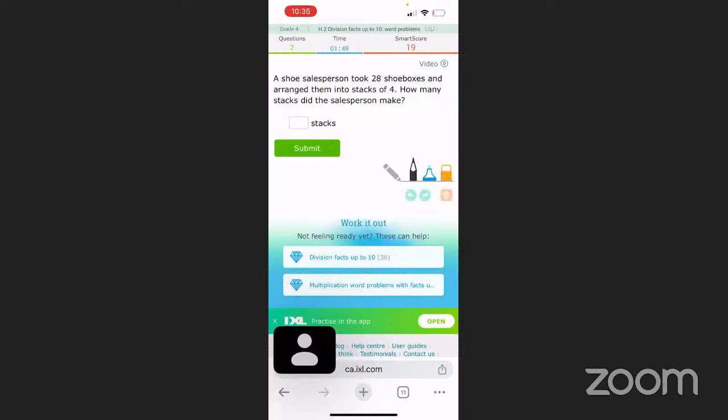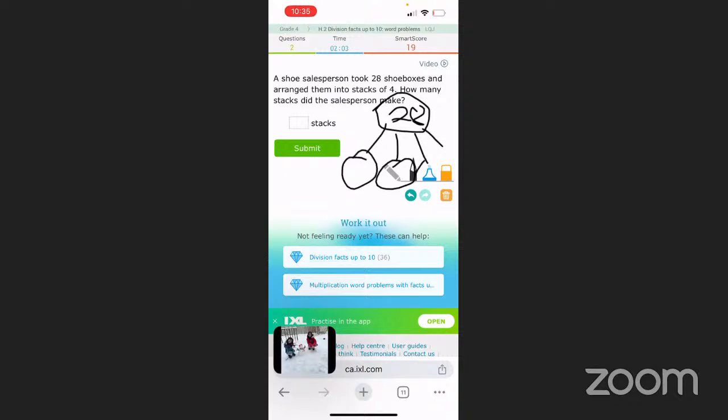Okay. So now this one, Nyla, a shoe salesperson took 28 shoe boxes and arranged them into 4 stacks. How many did he put in each stack? They should be equal numbers, okay? So let's say we start off with 7 because 4 stacks.